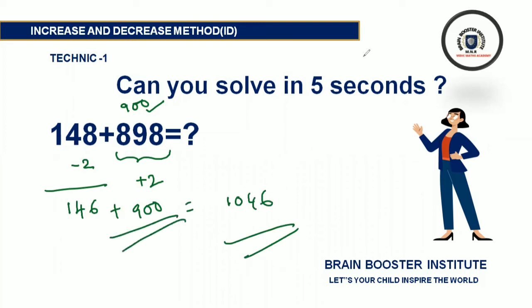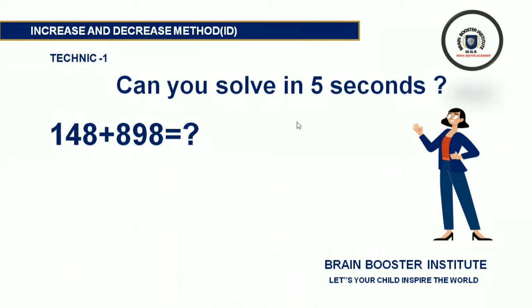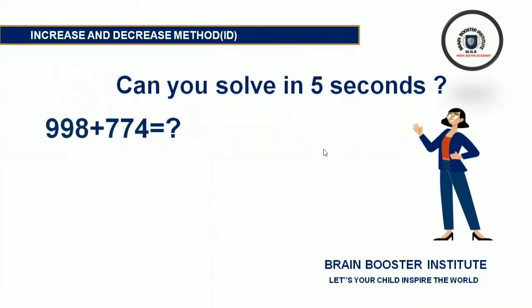So now let's see the next problem. 998 plus 774. Now the question is for you, my dear friends. What would be the easiest number, which is near to an easier number? So we can take 998. It is near the easier number 1000.